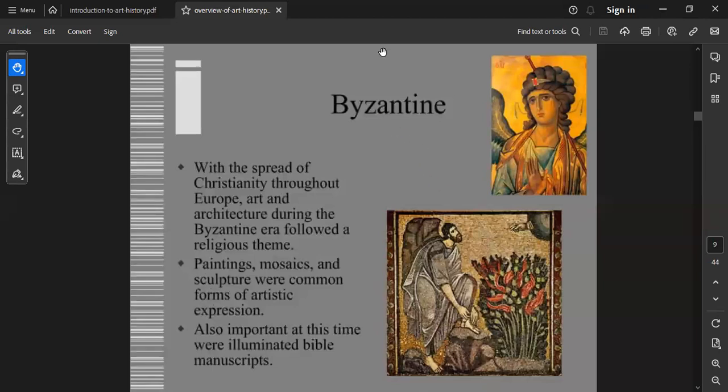Then we had seen the Byzantine work. So still Christianity is spreading slowly. It is not at its peak. And Byzantine. Can anyone say what is the present geographic location of Byzantine? Which country is it specifically? Just like Italy is Rome. Which country represents Byzantine? Rome? Any idea?